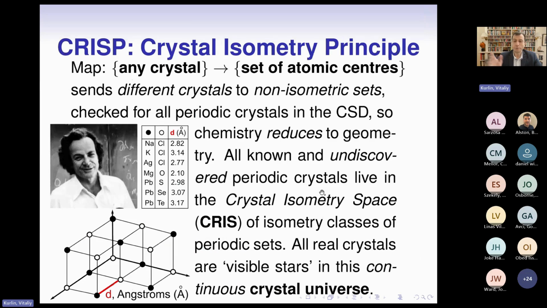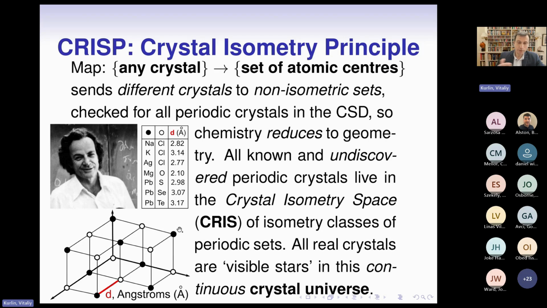Right. So to finish on a positive note, what we have done is mapped any periodic crystal to a set of atomic centers, initially forgetting chemical elements. And our comparison has shown that we can actually distinguish all chemically different crystals by using only pure geometry. So this map from crystals to sets of atomic centers loses no information. It is injective: different crystals are mapped to different sets modulo rigid motion.